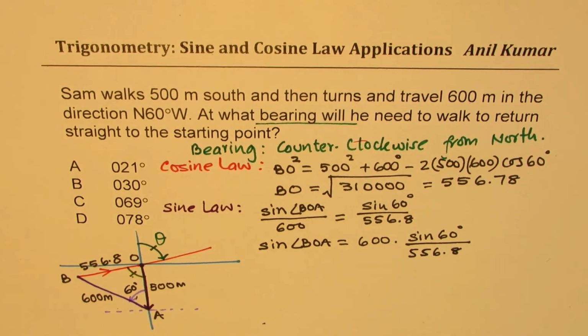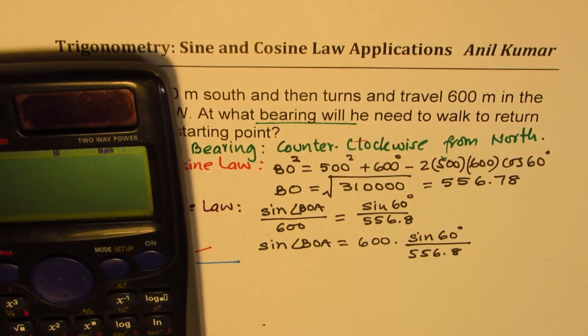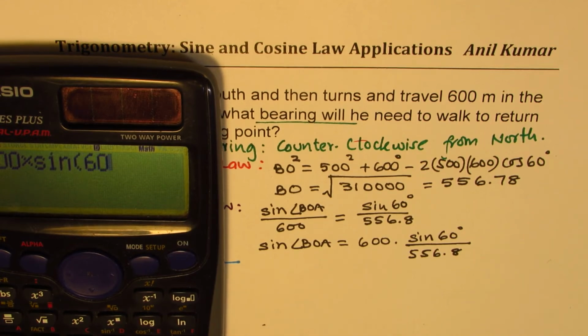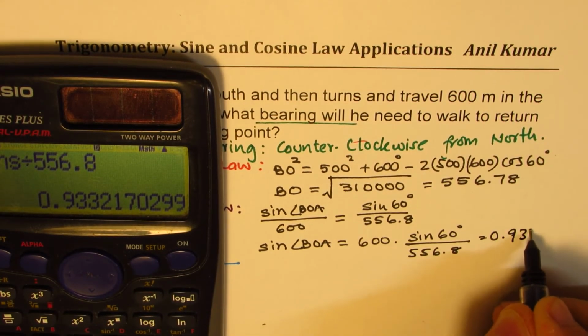So let's figure this out, which is equal to 600 times sine of 60 degrees divided by 556.8 equals 0.9332.